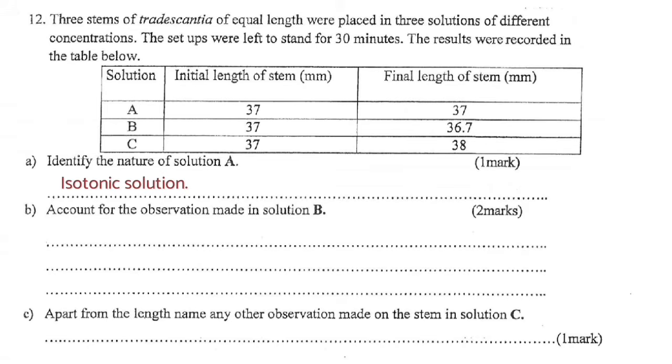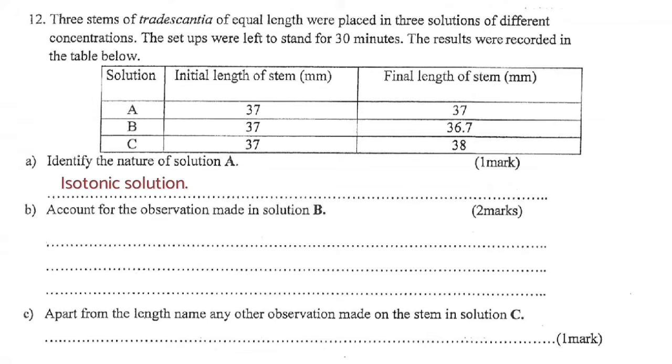The decrease in length is because the cells have lost some water. Cells will lose water if they are placed in a hypertonic solution. Remember, movement of water molecules is always from a solution that is hypotonic to one that is hypertonic. So if they lost water, that means that the cell sap was hypotonic to solution B. Hence we have a decrease in length.